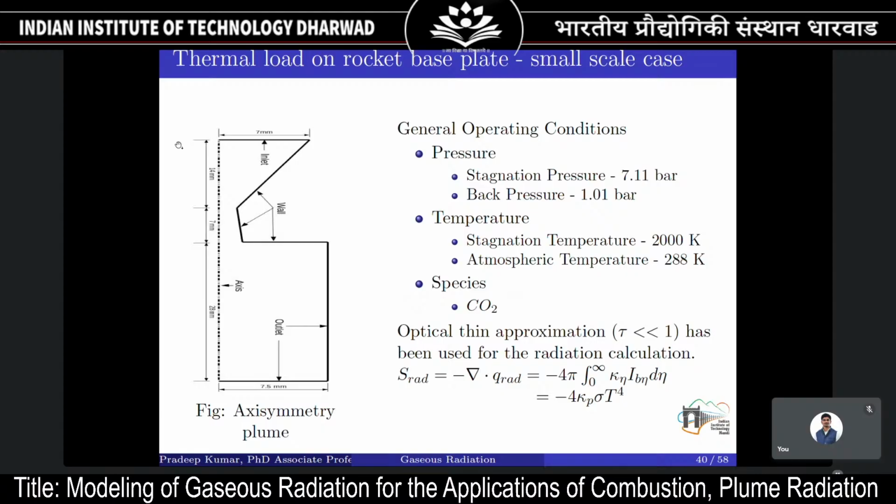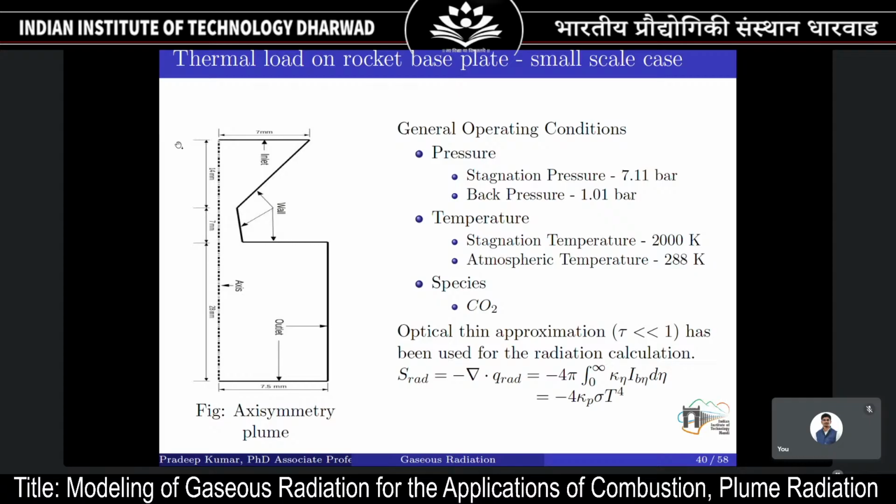After all these calculations, we start with a simple problem, a very small-scale problem, not your big issue problem, but we are looking at it in a very critical situation. This is also a heat load case problem. This is a base plate, and we have taken this problem from one paper. The stagnation pressure is 7.11 bar.